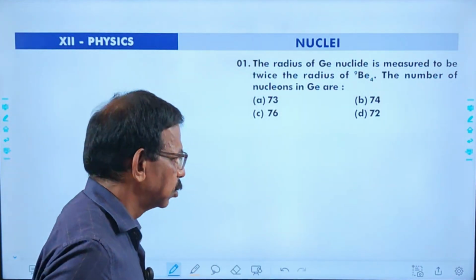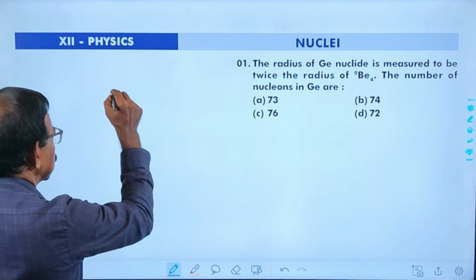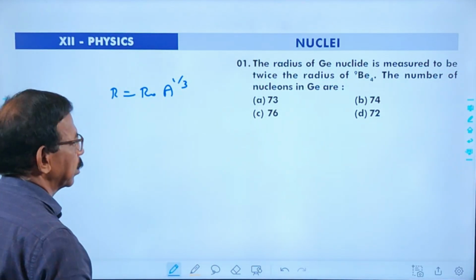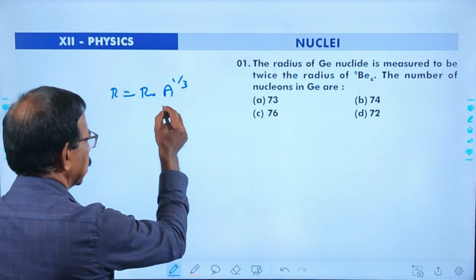We have the relation to find the radius of a nucleus as R equals R0 A raised to 1 by 3, where A is the mass number.